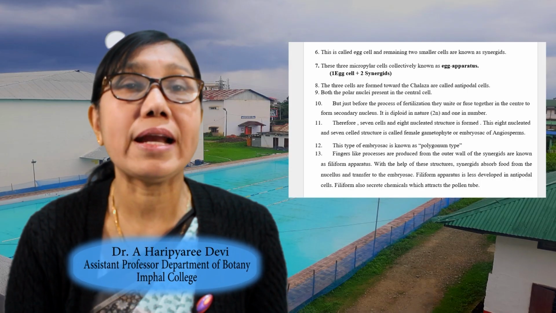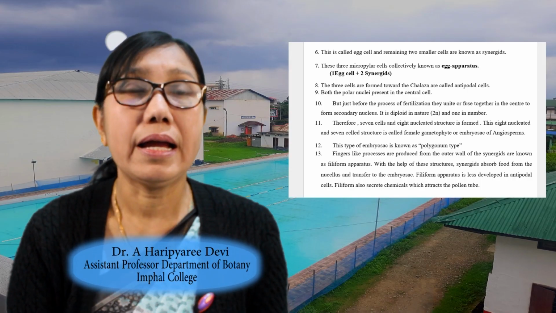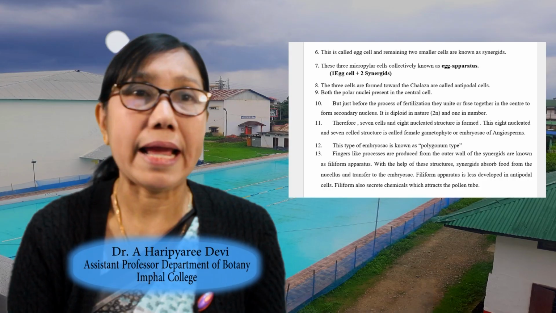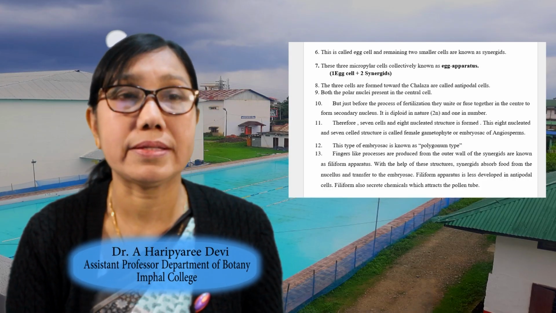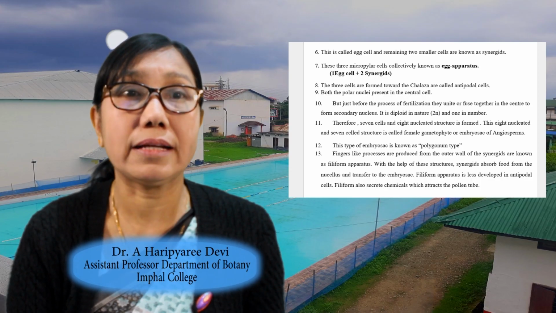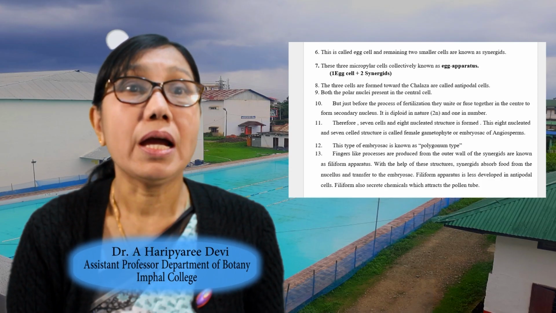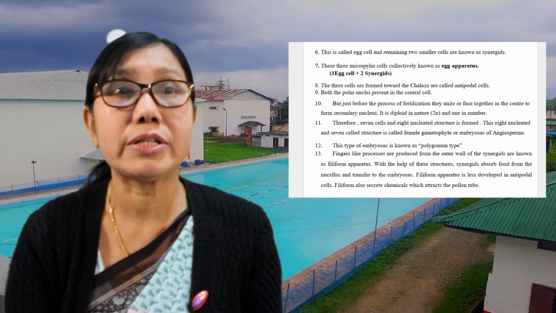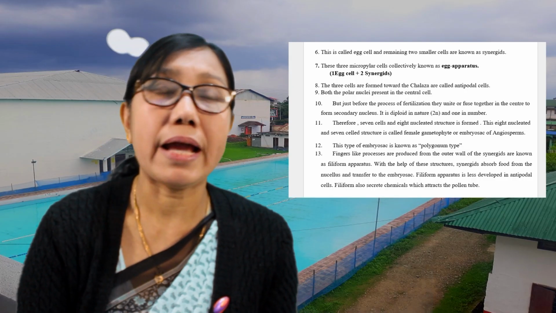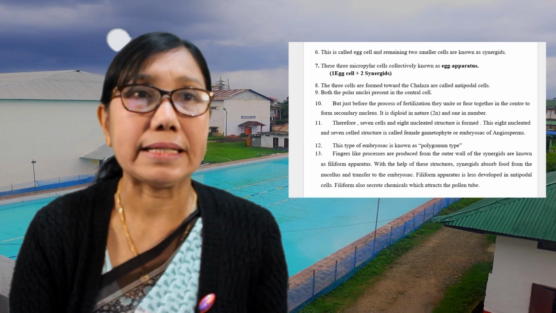These 3 micropylar cells are collectively known as the egg apparatus. The 2 synergids guard the egg cell and form a cushion-like shape for it. The 3 cells formed towards the chalazal end are called the antipodal cells. The function of the antipodal cells we will also discuss later.